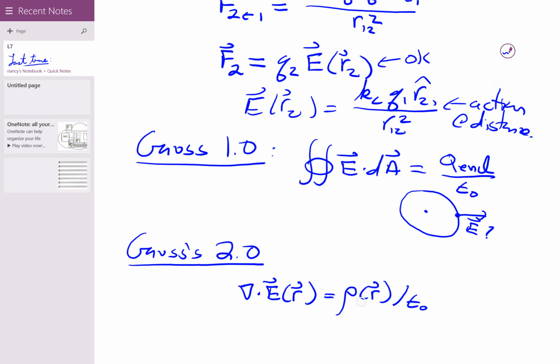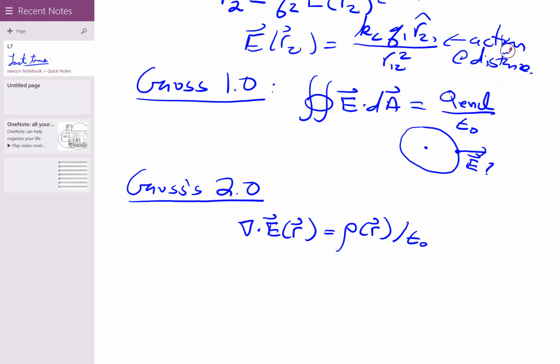What this means is the charge at location R is affecting the electric field really only at that location, or in fact, since this is a derivative, neighboring locations. Remember how derivatives work, right? If I look at, say, df dx, mathematically that is f at x plus some small delta minus f of x, divided by delta, in the limit, of course, that delta goes to 0.